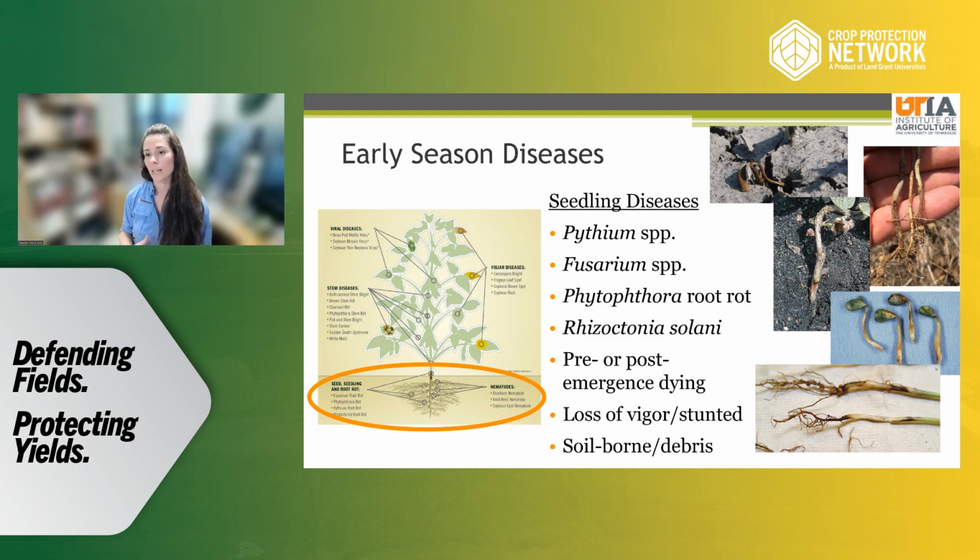They'll germinate, but they'll die before they push through the soil, or they can die after they push through the soil. Also, sometimes the plant might not die outright, but it will have a loss of vigor and or be stunted. And so these are things, again, that will be happening early on in the season. Good seed treatments, good soil moisture, again, planting into the right environment is the way to hopefully try to avoid seedling disease issues.